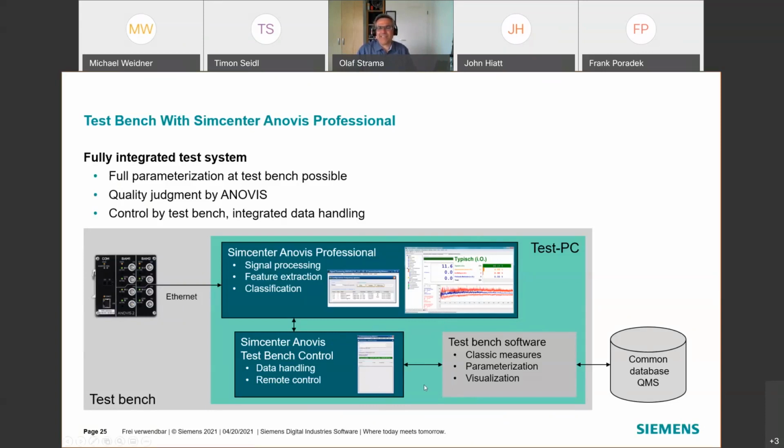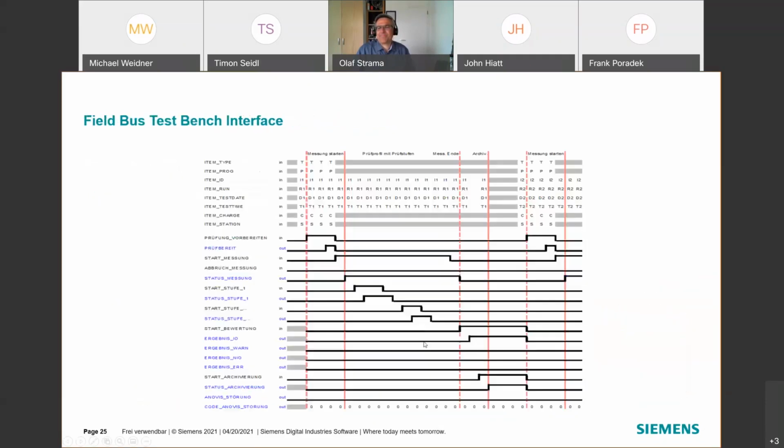And then this is used for setting the serial number and for choosing the test run number. This is usually done by a master system, by a PLC.